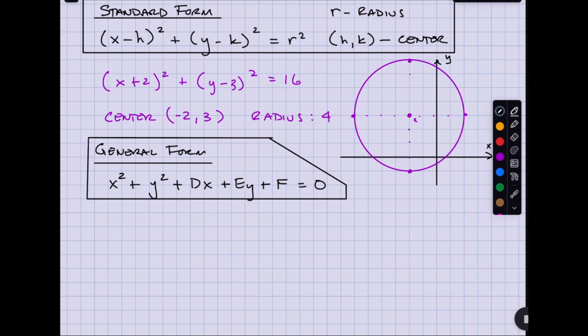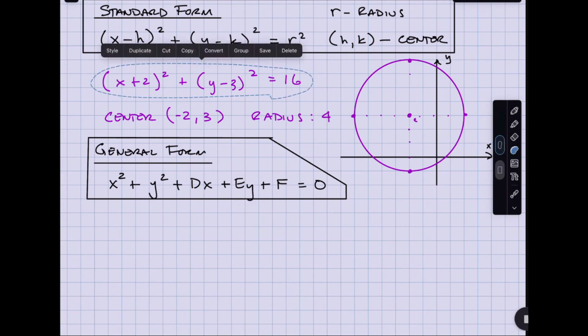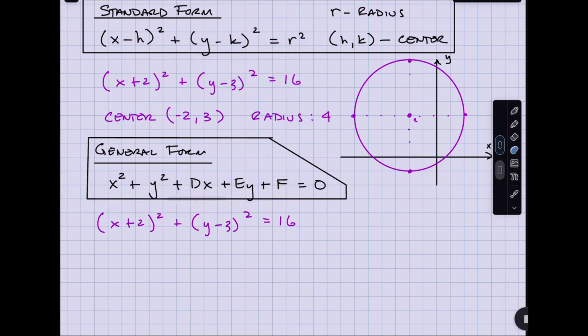Now, I can easily make this the general form, right? So going from standard form to general form is easy. How would we go about doing that? You FOIL it, or you double distribute it, right?